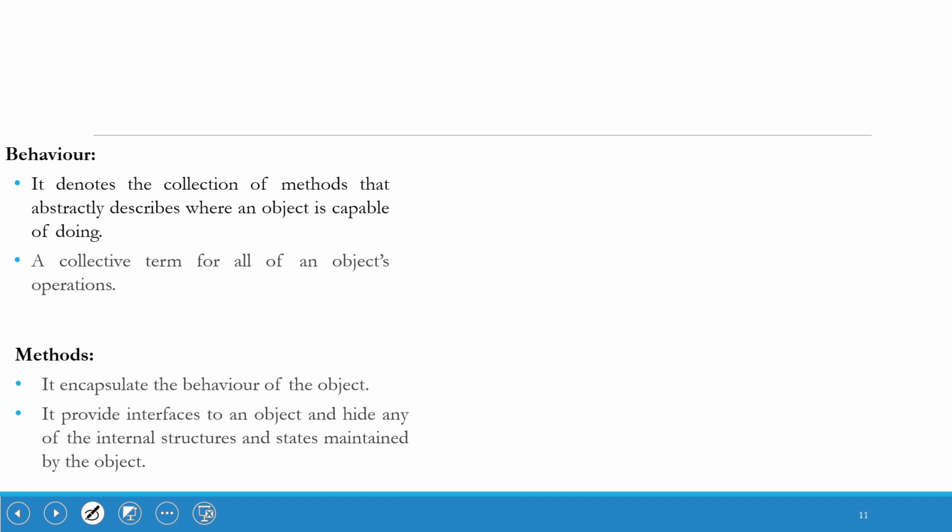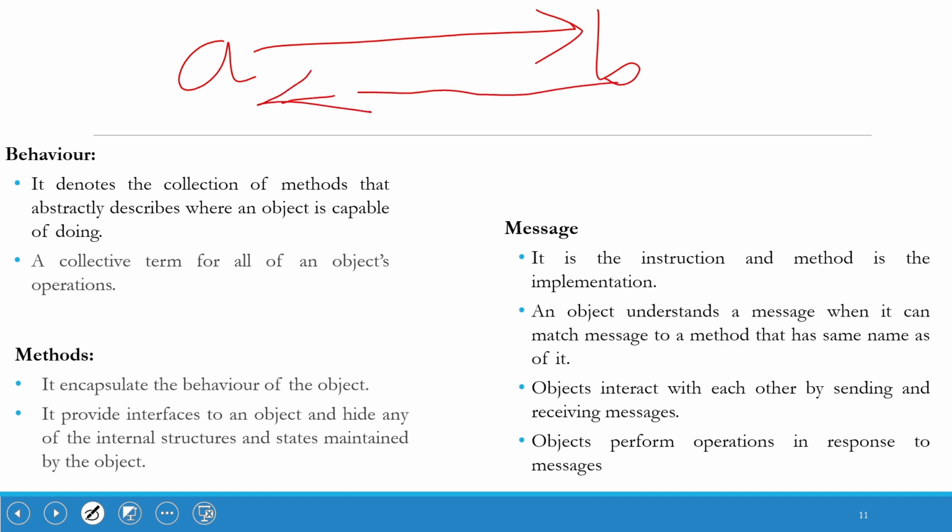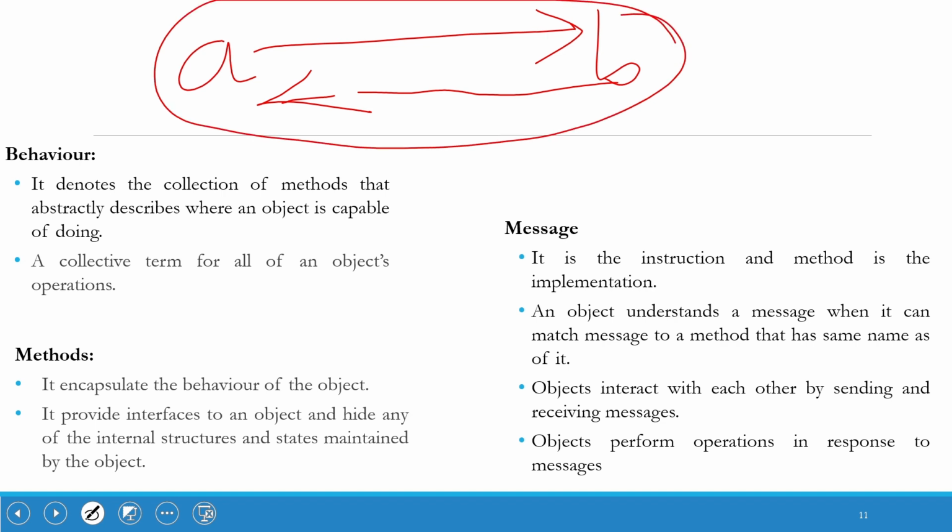So assume we have two objects, object A and object B. Object A may send a message to object B, and maybe B will reply. So these two objects are communicating with each other by sending messages, by exchanging information. This exchanged information, this content, is called a message.